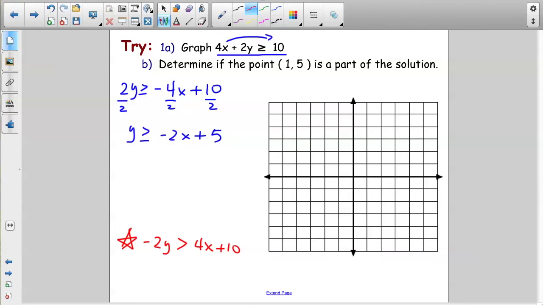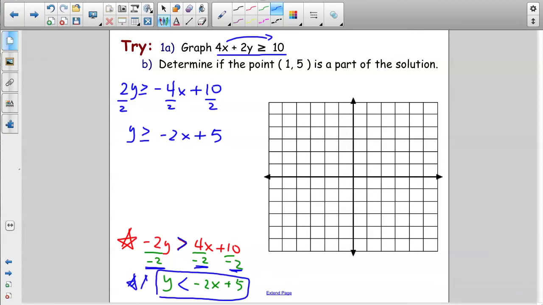Now, when I divide by that negative 2, because I have to divide what's in front, now I get y, I get negative 2x, I get plus 5. So now, when you divide by negatives, remember this, your inequality sign switches. So you got to really pay attention. So I'll double star that.